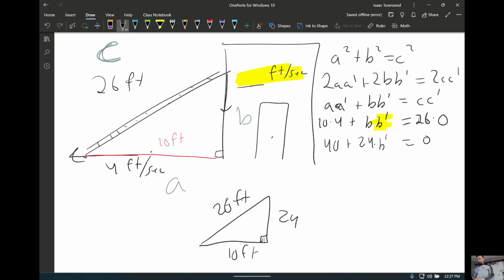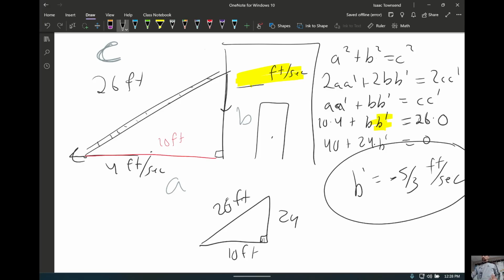And then subtract the 40 over, divide both sides by 24, and I get an answer of -5/3. And I already wrote the units down earlier, so I don't even have to think about that again. That would be feet per second.